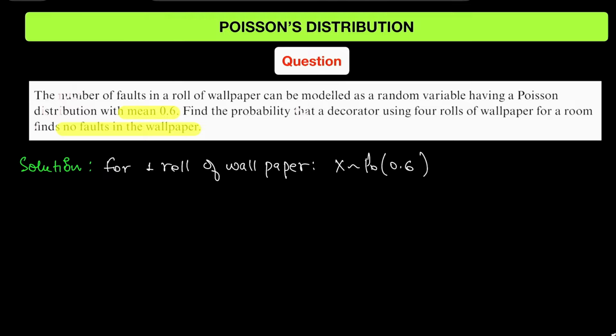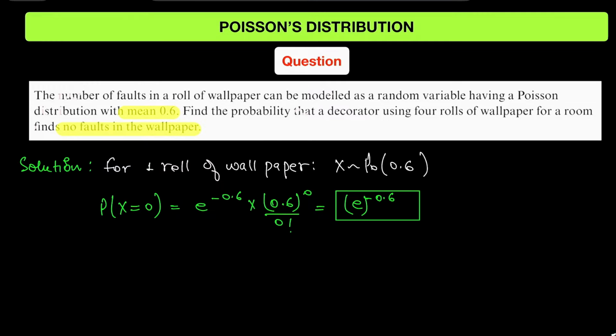So first of all, we need to understand that the same wallpaper is used 4 times. So the probability of X having no fault is equal to e raised to the power minus 0.6 times 0.6 raised to the power 0 over 0 factorial. This is equal to e raised to the power minus 0.6 only.